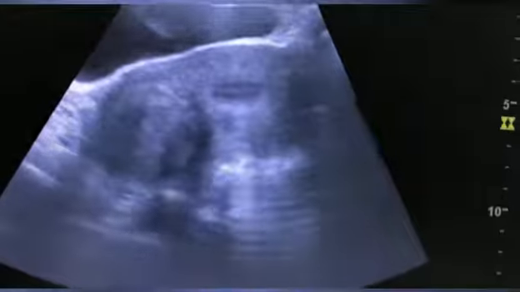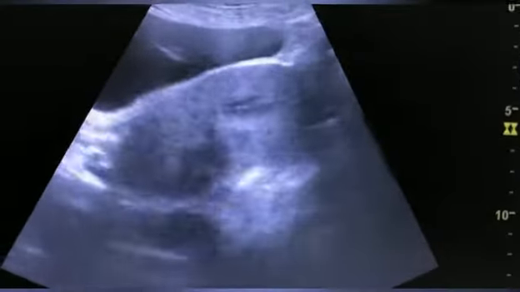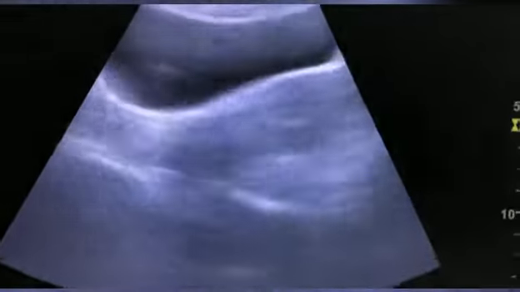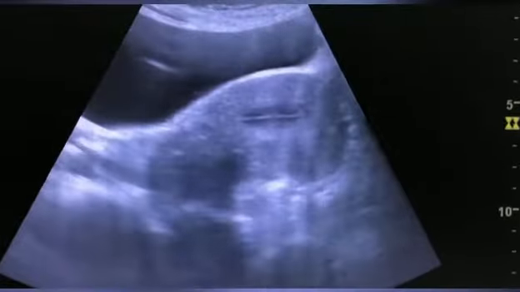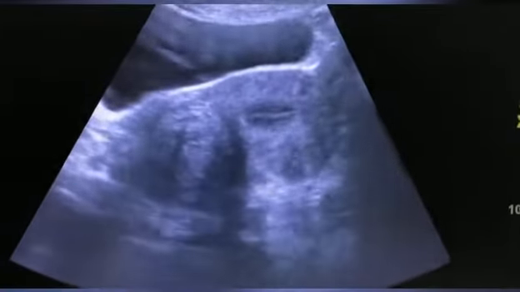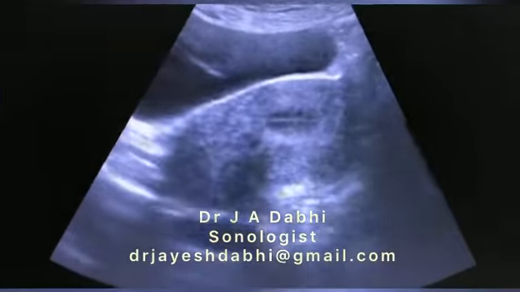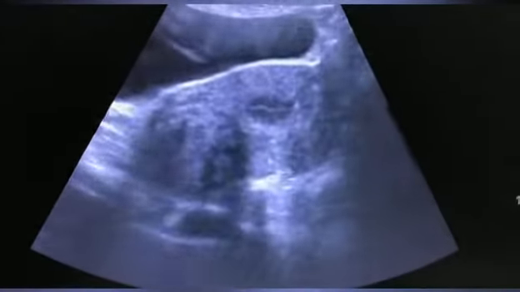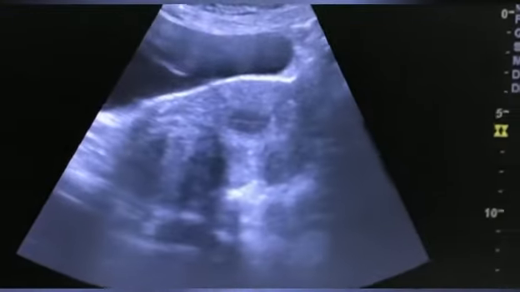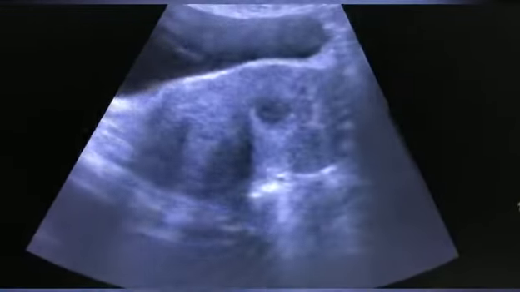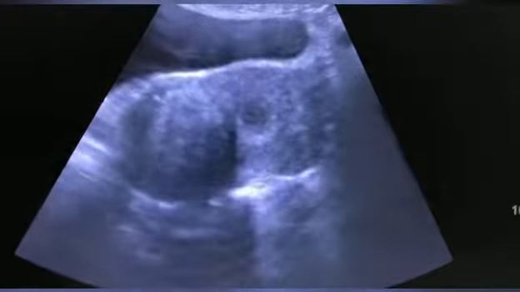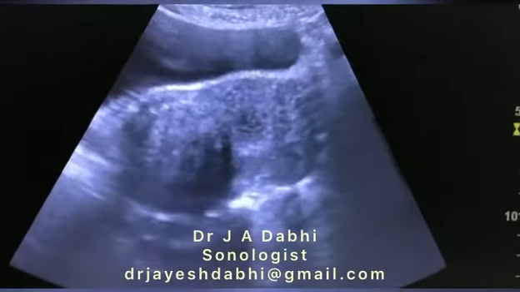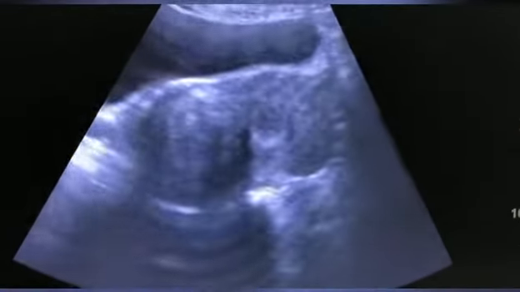So now you take the transverse section and see. Whenever you have any fibroid, it is my humble request that you don't keep on focusing on the fibroid and fibroid and fibroid. What you have to focus on is the proper section of the uterus.